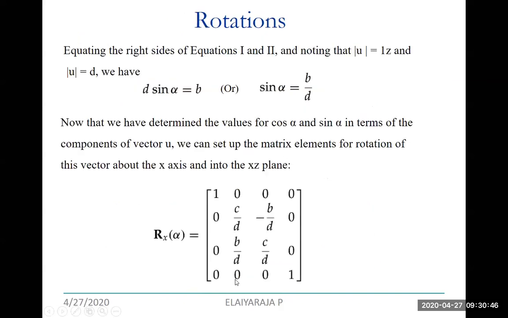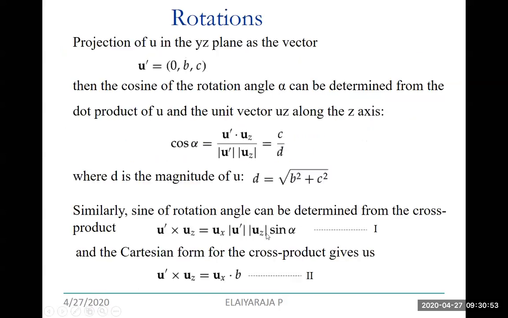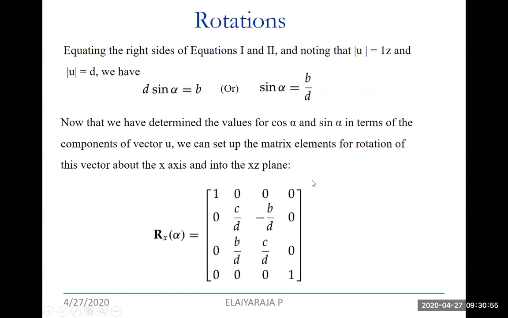Okay, so equating the right sides of equation 1 and 2, noting that modulus of u equal to 1 and modulus of u equal to d, then we have d sine alpha equal to b, or you can write sine alpha equal to b by d.